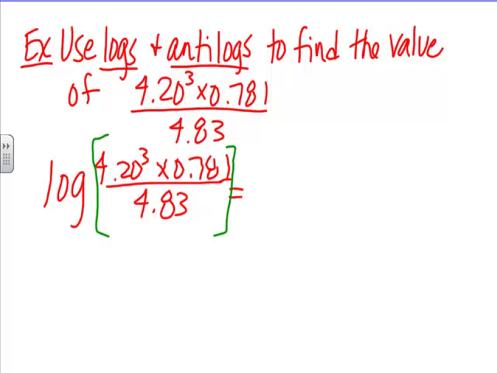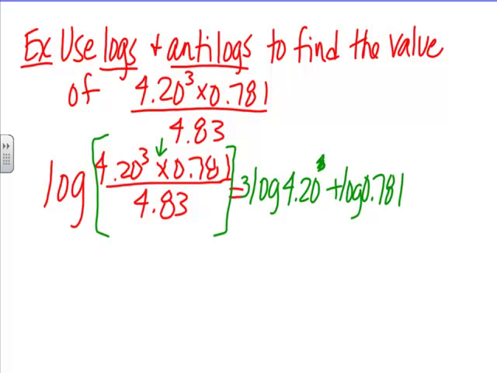So I have the log of 4.20 cubed, which I would normally write with the cubed up here, but if you remember from our power rule, the 3 can come down in the front of this. When I have multiplication, I'm going to write plus the log of 0.781.